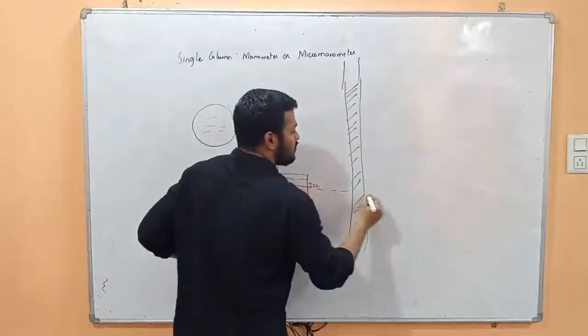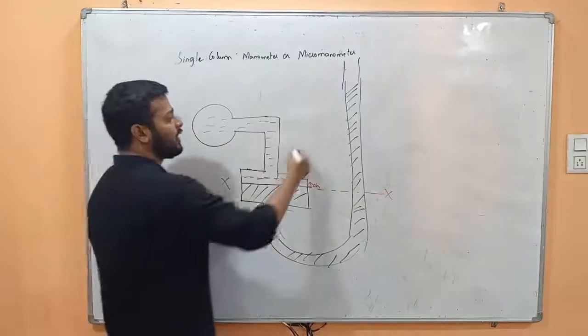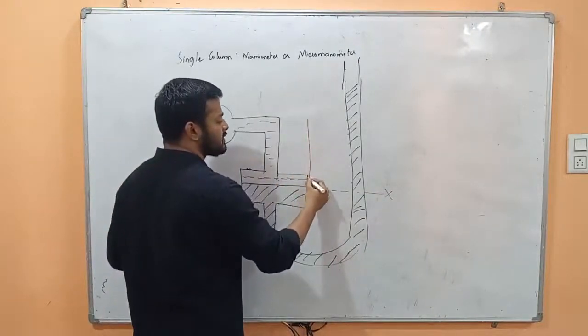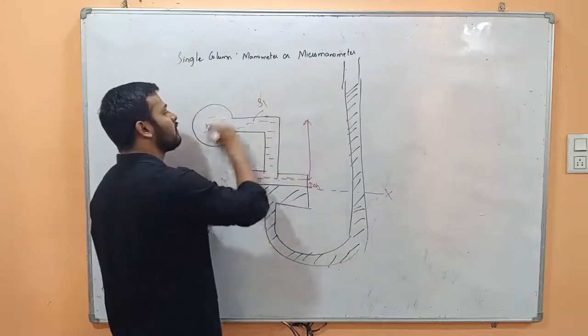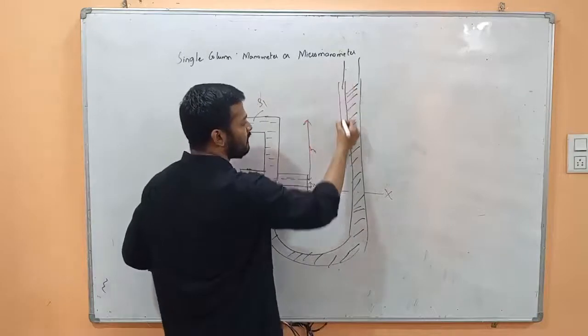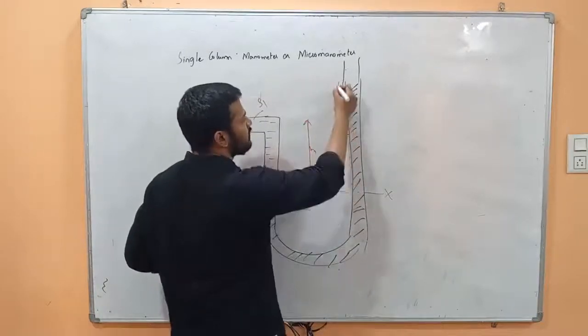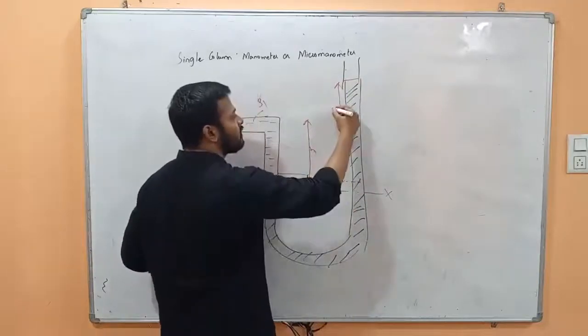Let's say this is my datum line XX, and this height of liquid, which has a density rho 1, is H1, and this height of mercury, let's say it is H2 from delta H, from H.